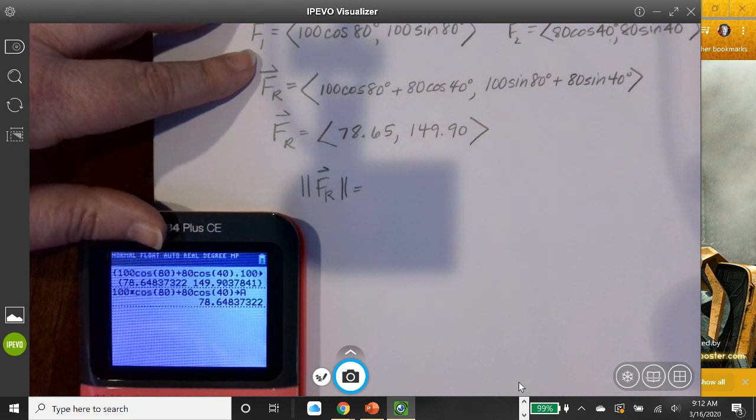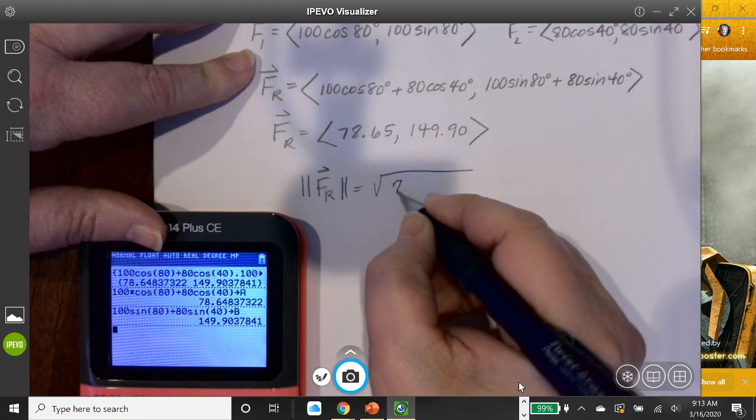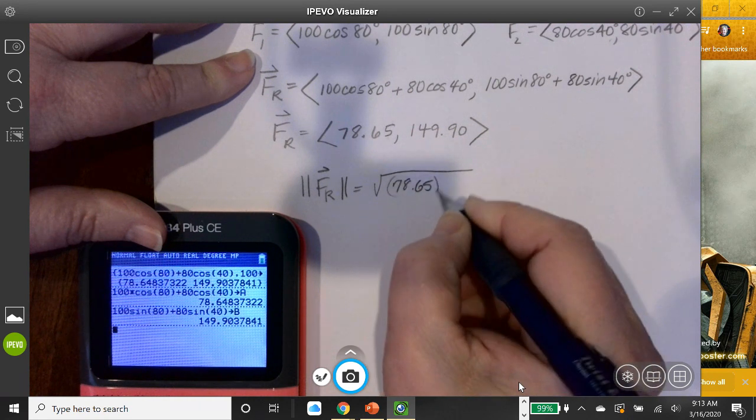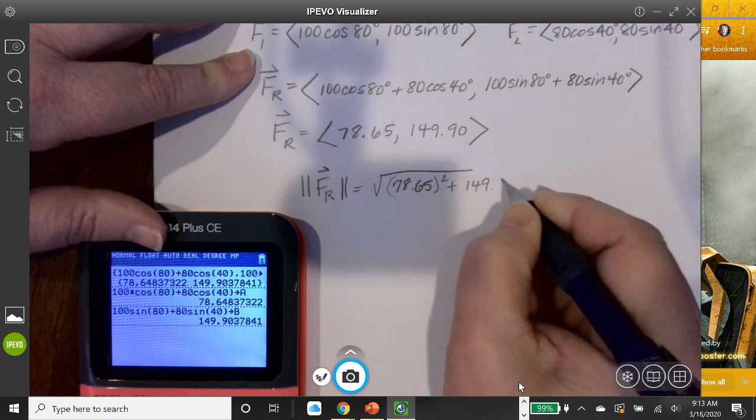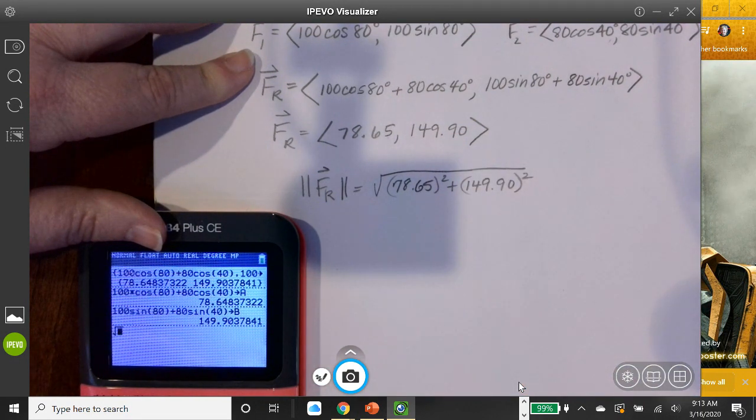And then I'm going to do 100 times the sine of 80 plus 80 times the sine of 40, and I'm going to store that in alpha B. And then to find the magnitude, we're going to do the square root of these component parts squared. So let's do that. We go second square root, alpha A squared plus alpha B squared. So much nicer than typing those numbers in again.